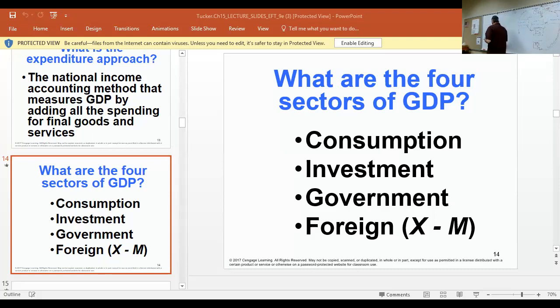We take this year's cost of the basket, divide it by the base year's, then we multiply it by 100 to make it look pretty. So this would be 2.55 times 100. And we would say that the GDP chain price index for this year is 255.